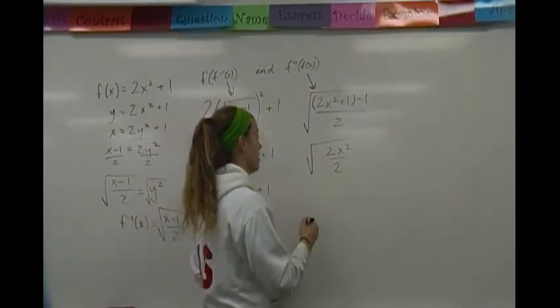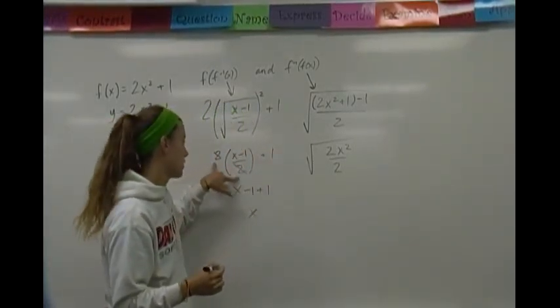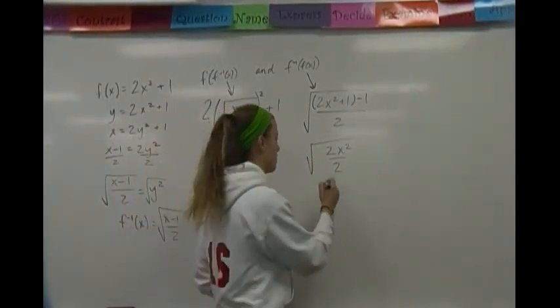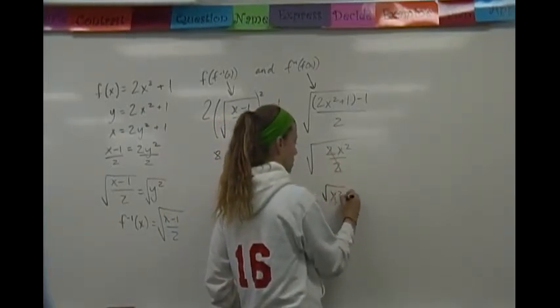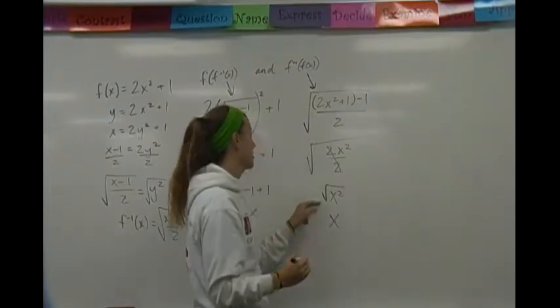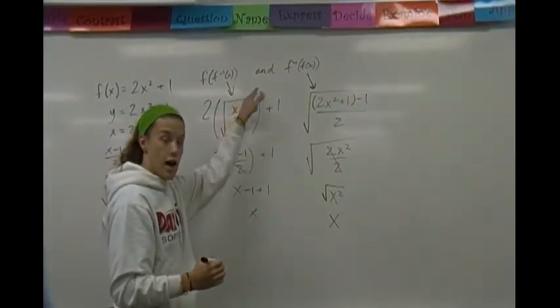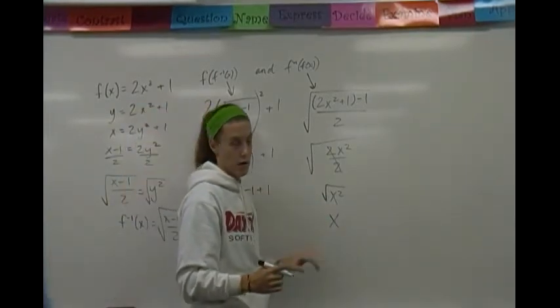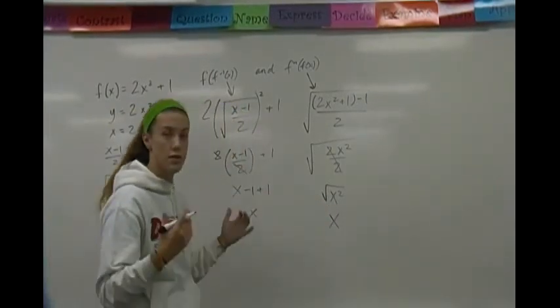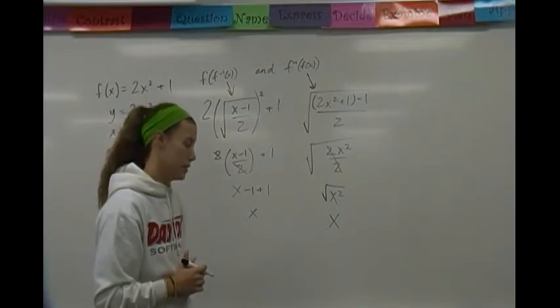And then you can kind of go backwards. Oh look, the 2's was the last thing we canceled, so then the 2's will be the next thing we cancel here. And in this one, we'll have the square root of x squared, which simplifies to x. You'll notice that the x squared and the square root was the first thing to cancel in the previous one, and that's the last one on this one. So now we've proven that these two are inverses of each other.